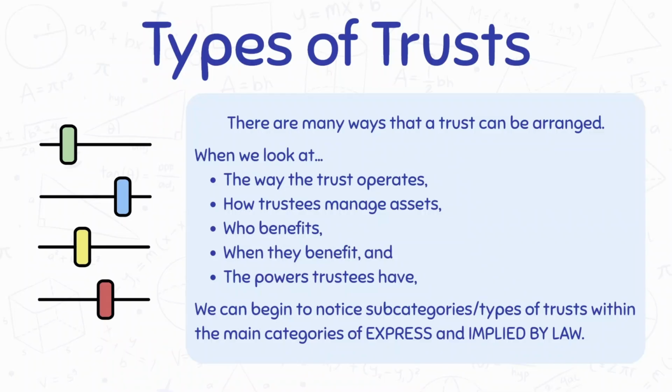And being able to identify which type you're working with will depend on a few things. For example, the way the trust operates, how the trustees manage the assets, who is benefiting, when they are benefiting, and the powers that the trustees have.